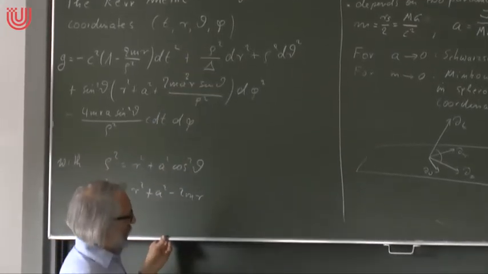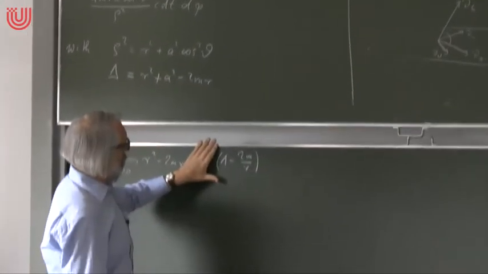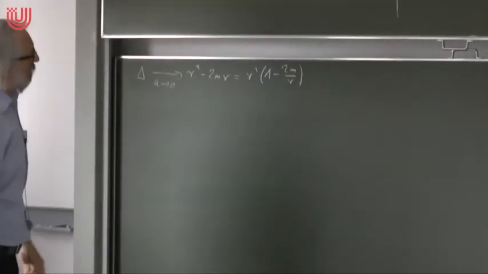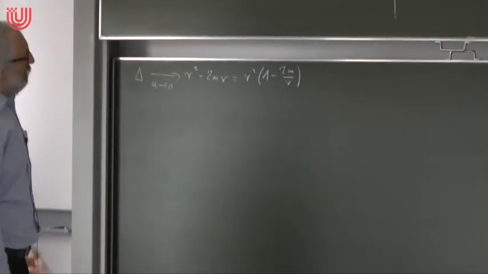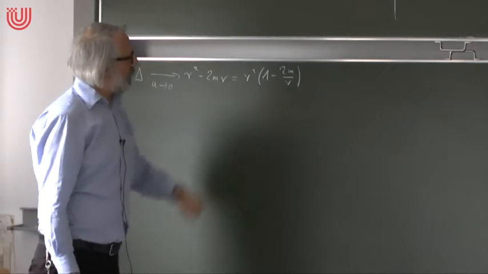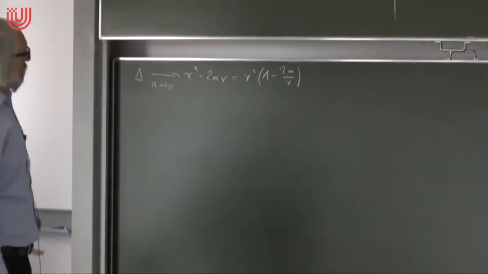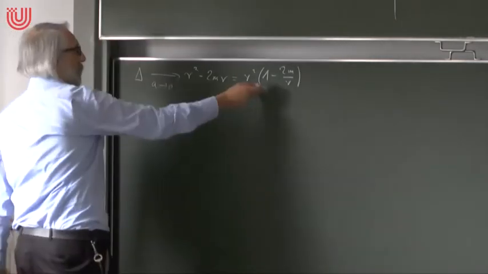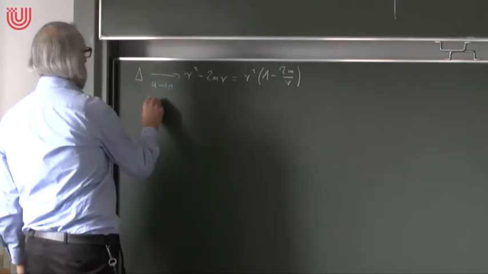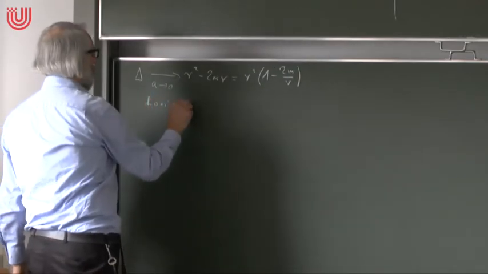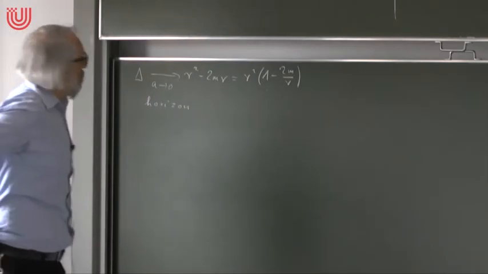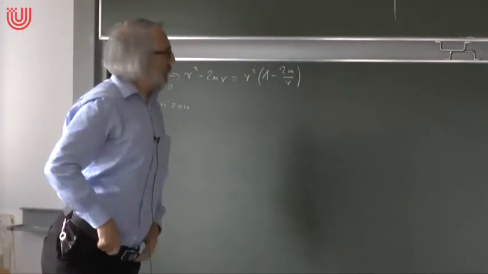So r equals 0 is of no relevance for this consideration. So we have in the Schwarzschild limit this as 1 minus 2m over r, and that's where we have the horizon. In the Schwarzschild case we have one horizon, and we will see in a minute that in the Kerr case we will have in general two horizons.